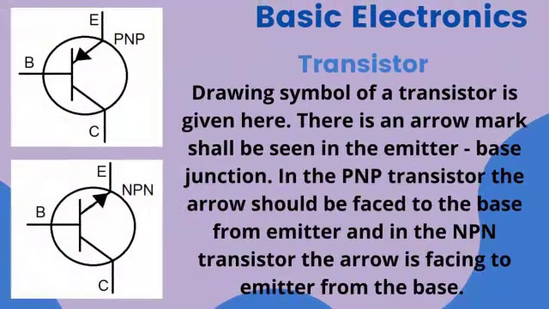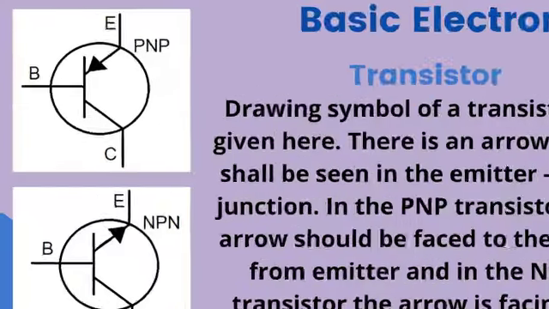The drawing symbol of a transistor is given here. There is an arrow mark seen in the emitter-base junction. In the PNP transistor, the arrow faces the base from the emitter, and in the NPN transistor, the arrow faces the emitter from the base.